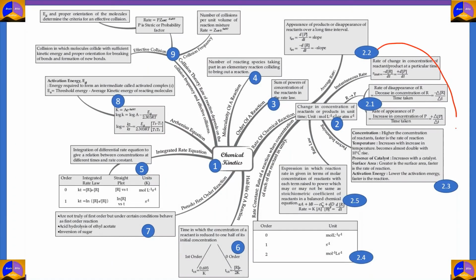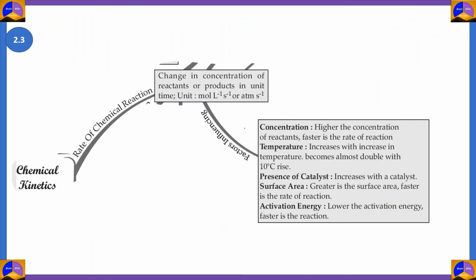So now let's move on to the factors which influence the rate of a chemical reaction. What is the rate of a chemical reaction dependent on? So first things first, concentration. We know that the rate of a chemical reaction is change in concentration divided by time.